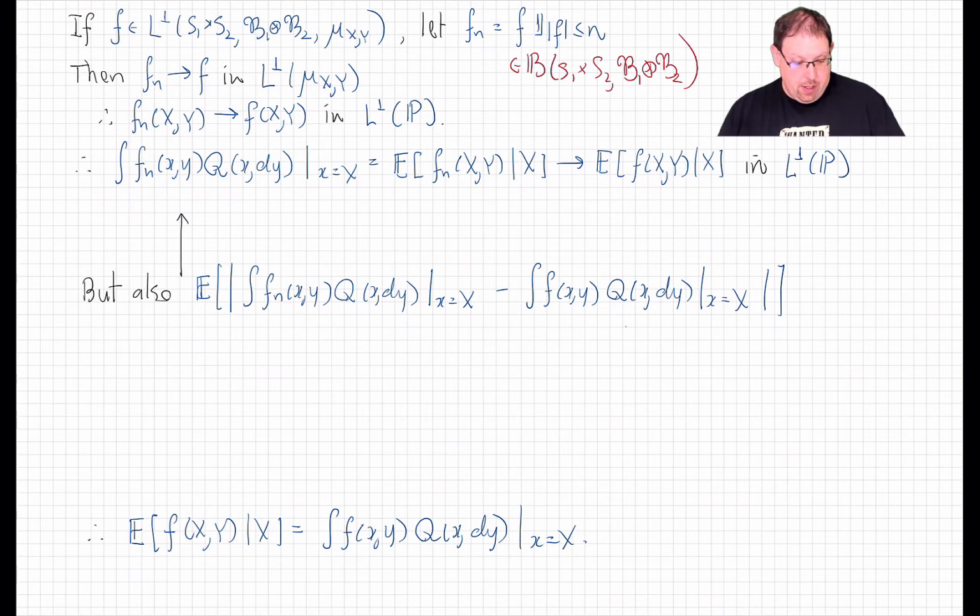So, to show that, we just again use the change of variables theorem. Taking the expectation of this overall function of x is the same thing as integrating that difference against the law of x.